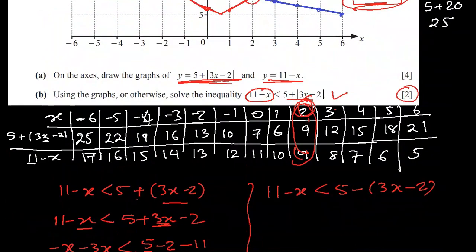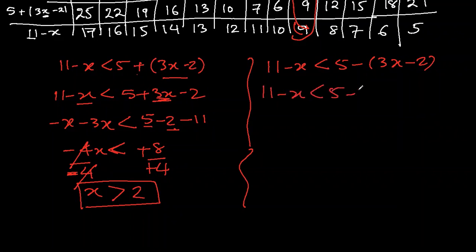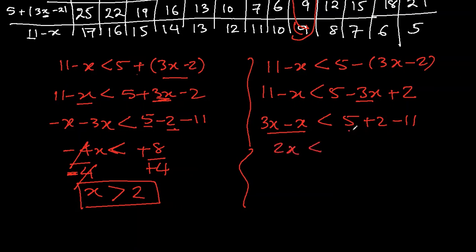That means the other one will give us the correct answer. We need the second one. So let's do it. 11 minus x less than 5 minus 3x plus 2. So minus 3x will come to the left. It will become 3x minus x less than 5 plus 2 minus 11. And this becomes 2x less than 7 minus 11, minus 4.